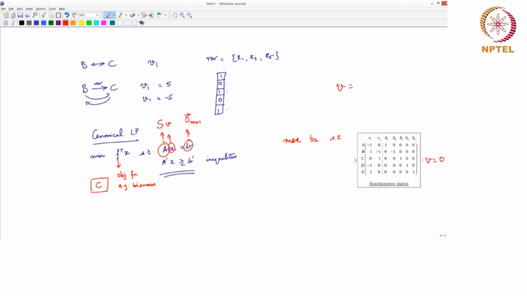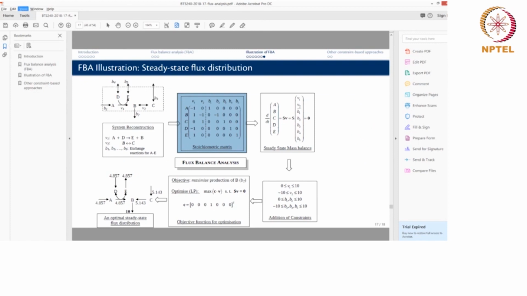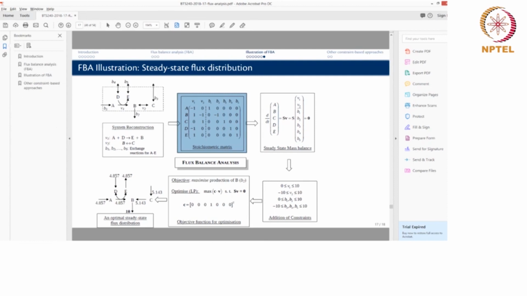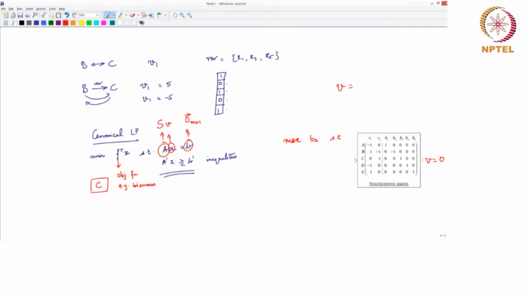V is nothing but this. So, now this is your LP problem, right, this is your LP objective function. So, this has to be written as some C dot V.